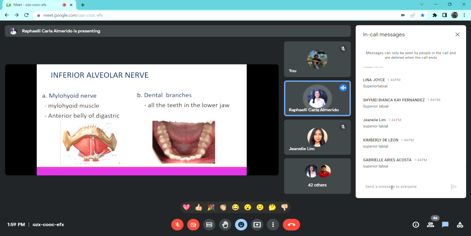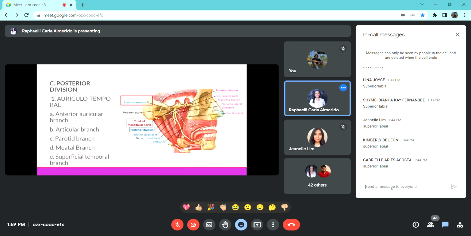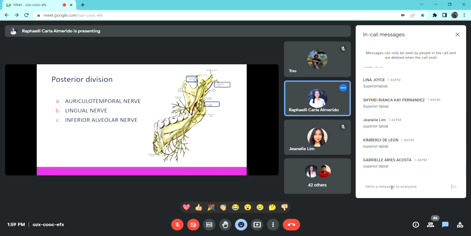Di na maalala. It is your long buccal nerve. Okay? Balikan natin. So from this diagram, this is your main mandibular nerve trunk.